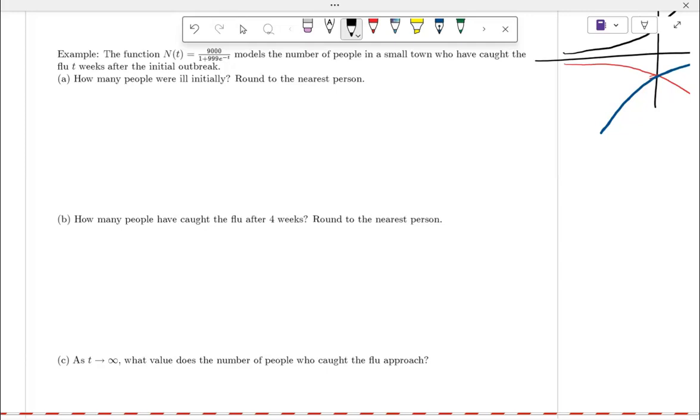To figure out how many people were ill initially, the initially is the key here. How are you going to figure out how many people were ill initially? What do you need to do? Let me ask it this way. How many weeks have passed if you're looking for when it happened initially?